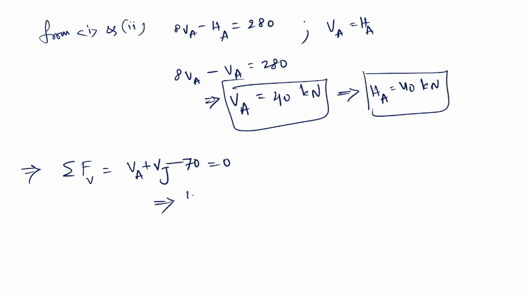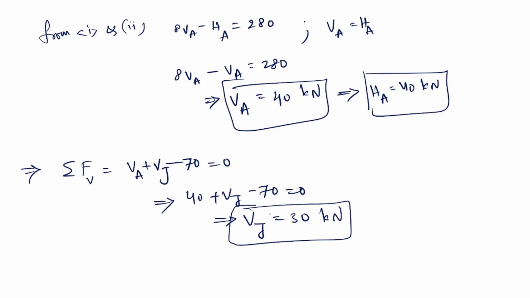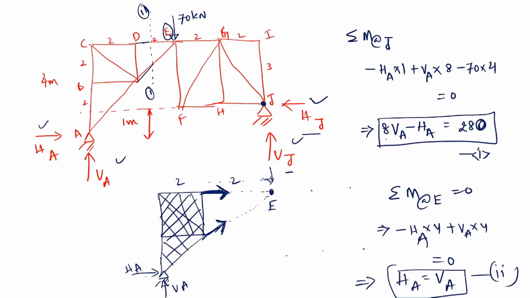Now VA I know is 40, plus VJ minus 70 equal to 0, so VJ is 30 kilonewton. In the same way, you can use the equilibrium equation sigma Fh equal to 0.